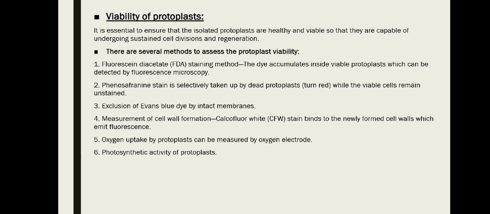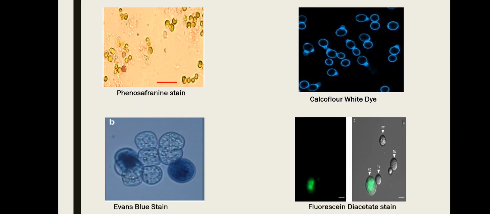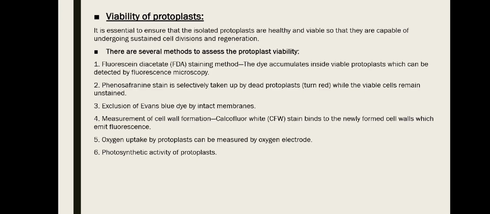Exclusion of Evans blue dye by intact membranes. 4. Measurement of cell wall formation: Calcofluor white, CFW, stain binds to the newly formed cell walls, which emit fluorescence. 5. Oxygen uptake by protoplasts can be measured by an oxygen electrode. 6. Photosynthetic activity of protoplasts.